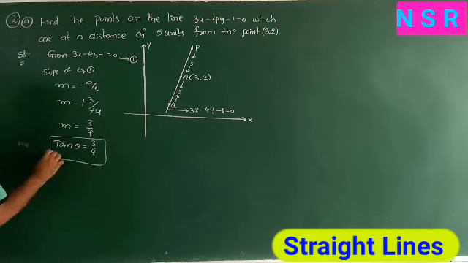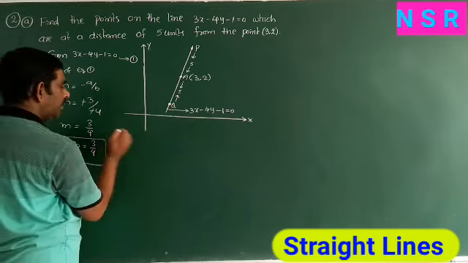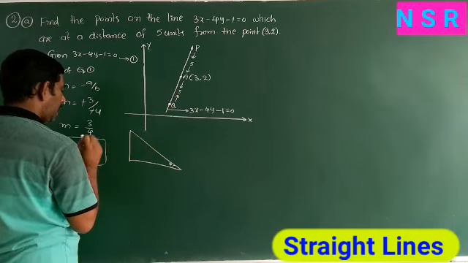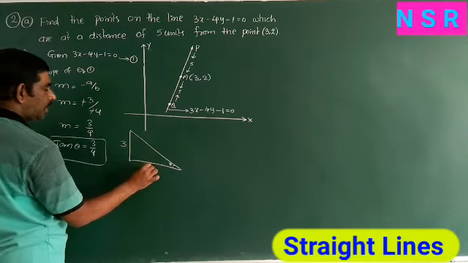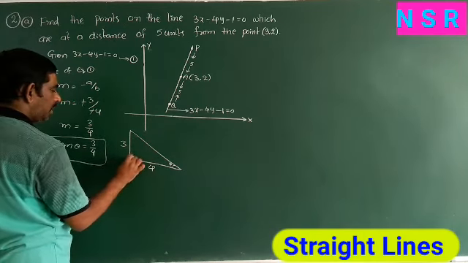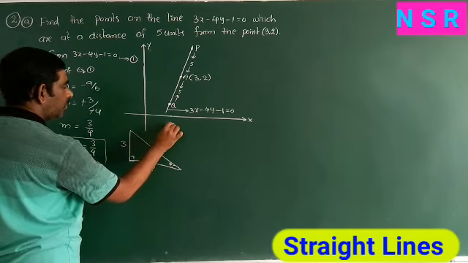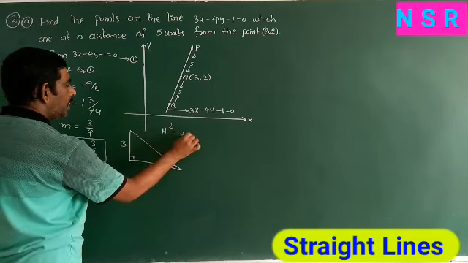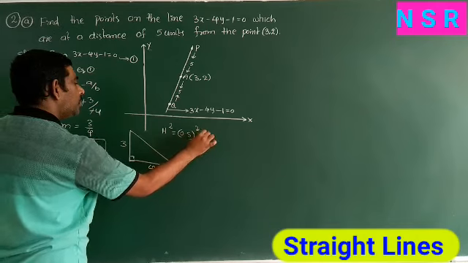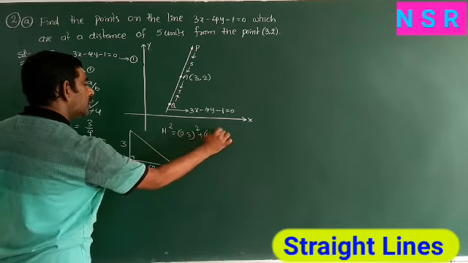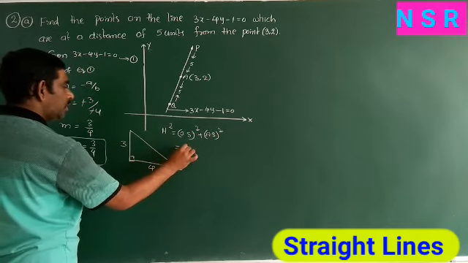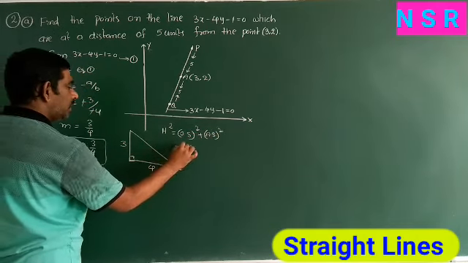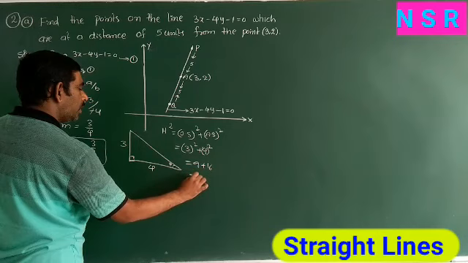So using a right angle triangle we can find sin theta and cos theta. Suppose this is theta. Tan theta means opposite side by adjacent side. So we have to find the hypotenuse. You know the formula: hypotenuse square is equal to opposite side square plus adjacent side square. So 3 square plus 4 square equals 9 plus 16, which is equal to 25.